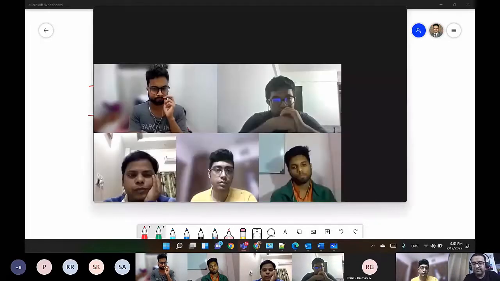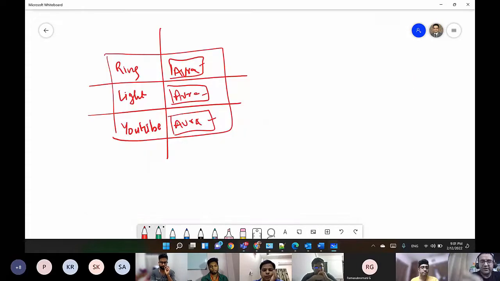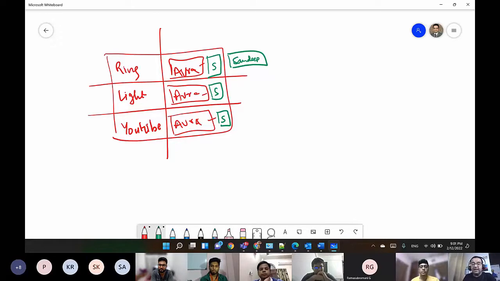I want another name. Sushmita also sells this light. And guess what? Sandeep also sells this ring, but it's not a light. Does that make sense? If my database were of this structure, my queries would be very fast, right?